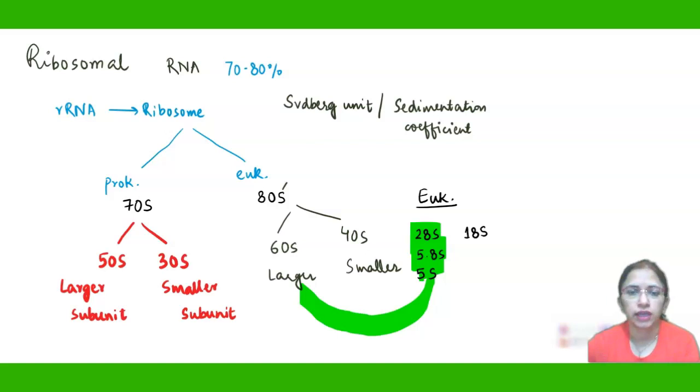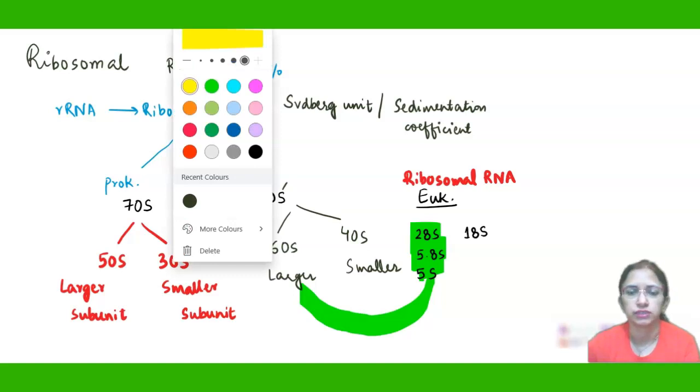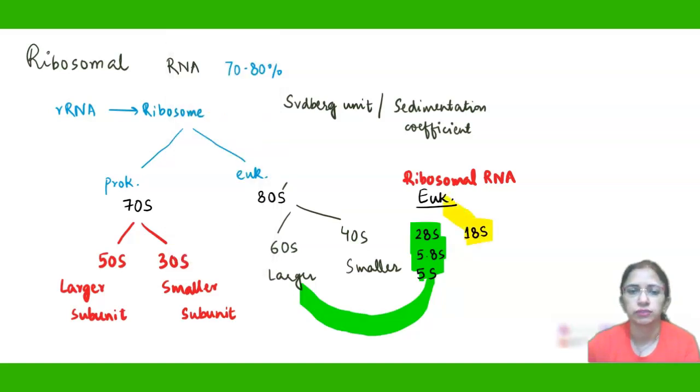See carefully, I have told that we are talking about ribosomal RNA in the case of eukaryotes, right? So these ribosomal RNAs are associated with the large unit, whereas the 18S, which has been written separately here, will be associated with the smaller subunit. Okay, this we have to learn.